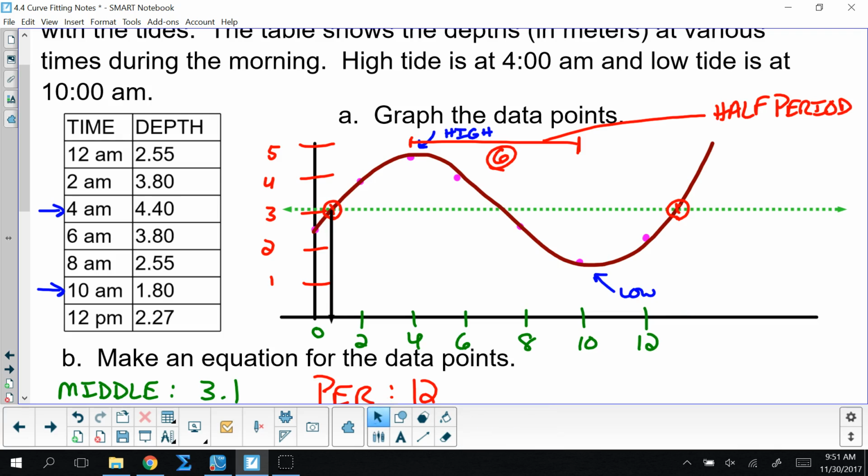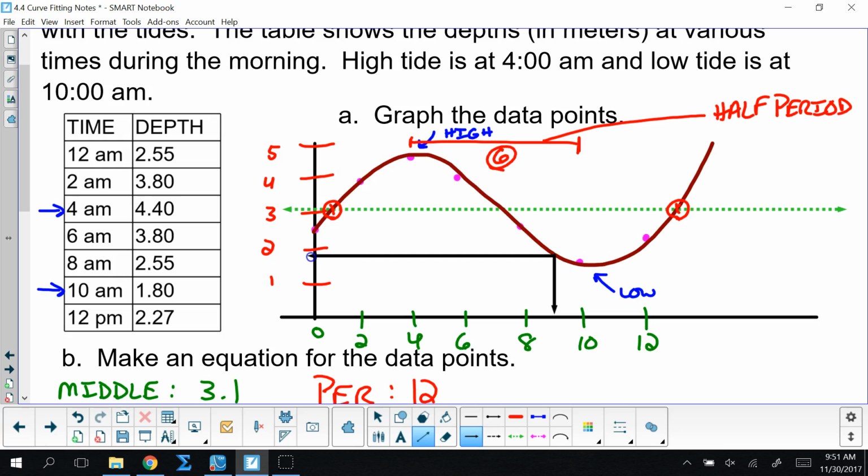So at 9 a.m., I'm right there, which means I'm looking at something less than 2, according to my graph. 1.89 and 1.97 are less than 2. So that accurately fits my data. Okay? So those are good. That's one quick and easy way to check that I'm in the ballpark.